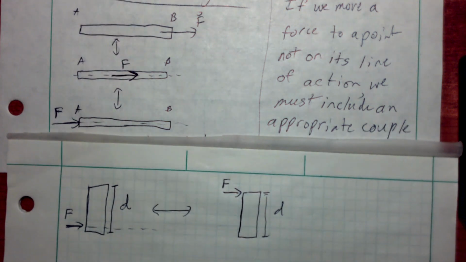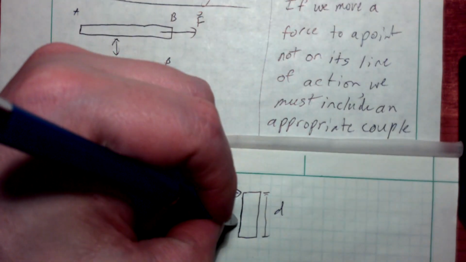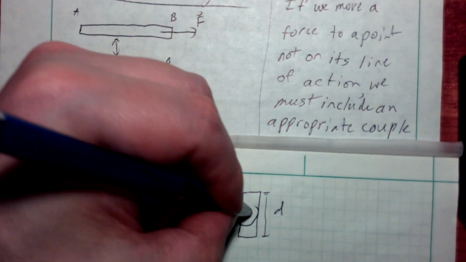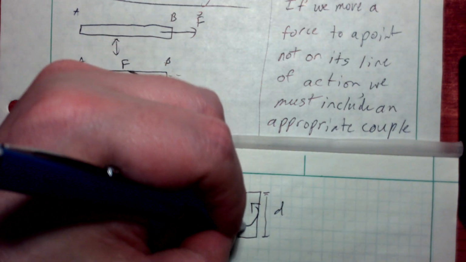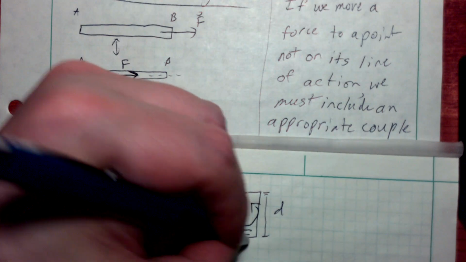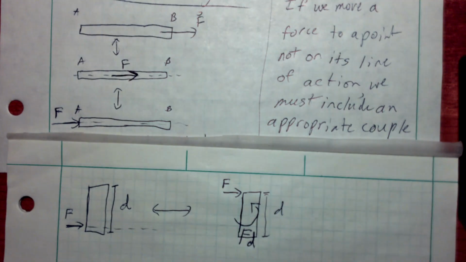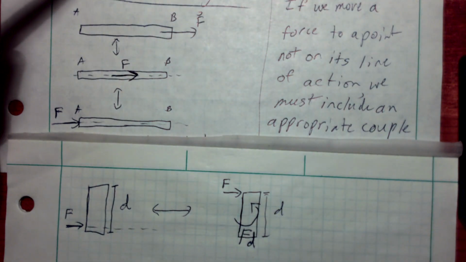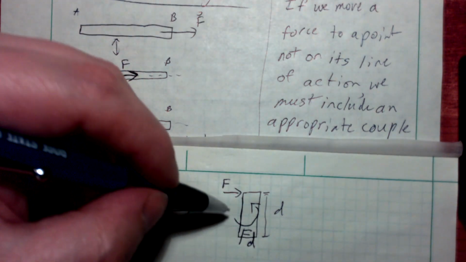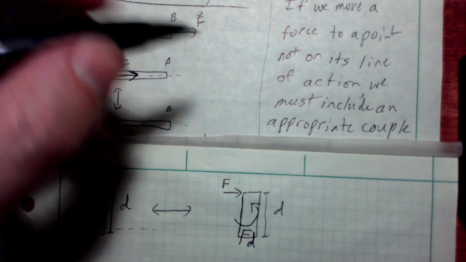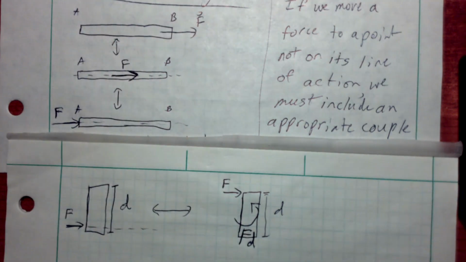So to preserve that rotation, I need to include a couple moment in the amount force times the distance that it's moved, Fd, which I should have drawn. I guess I should have drawn it over here. I don't know why I drew it right on top of the shape. You've got some couple moment Fd.